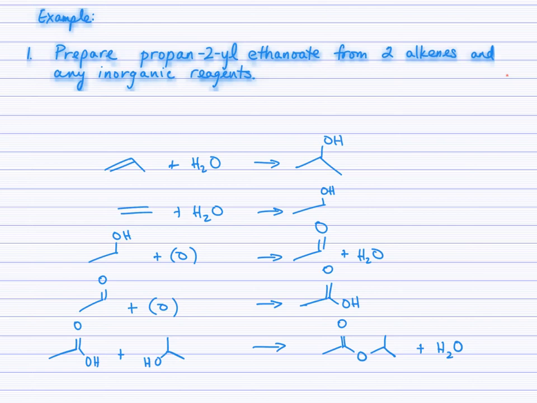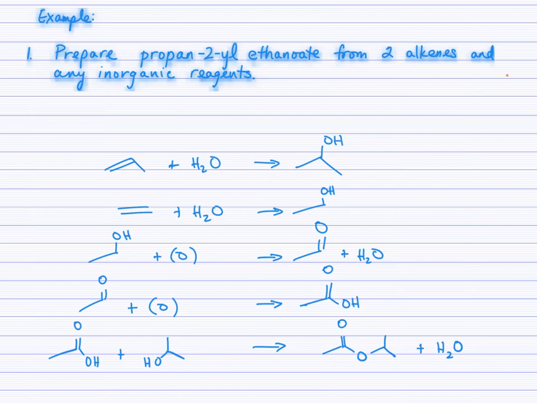And by following Markovnikov's rule, the H will go to the 1st carbon here with 2 hydrogens on it, and the OH will go to the 2nd carbon that has only 1 hydrogen on it in the alkene. And that's it, because now I've worked my way back to a 2nd alkene.